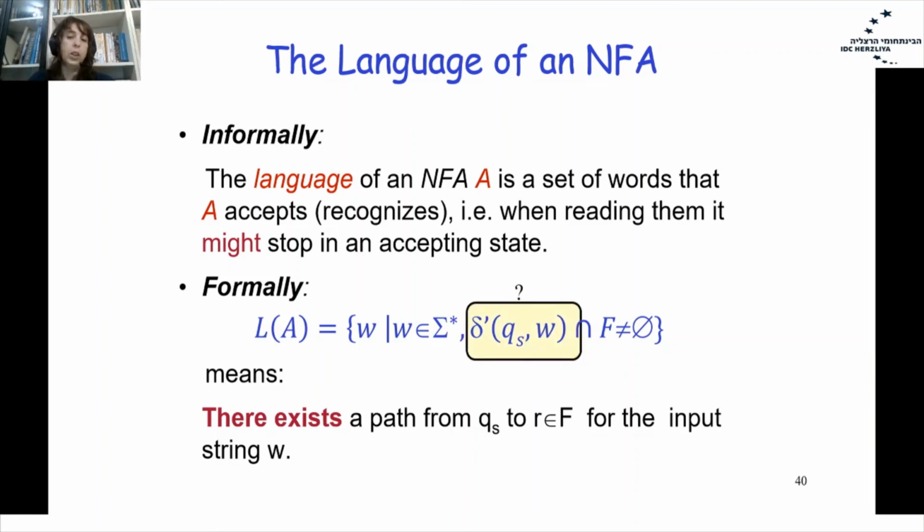Please pay attention. Once again, delta hat of QS and W gives several possibilities. We have a set, so we are talking about intersection with F, and if this intersection is not empty, then we accept the word W.